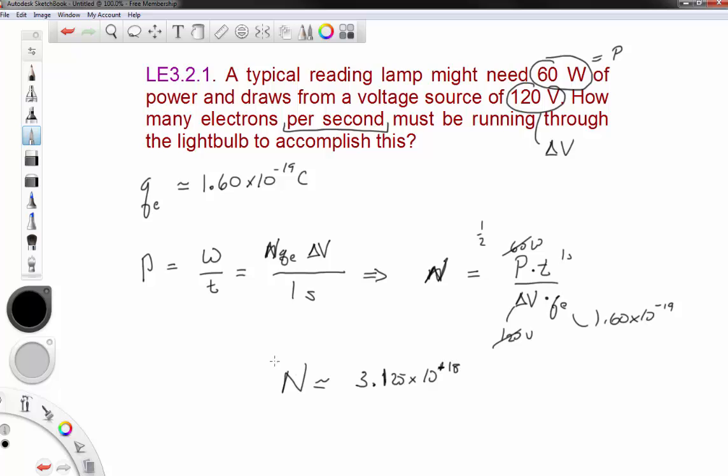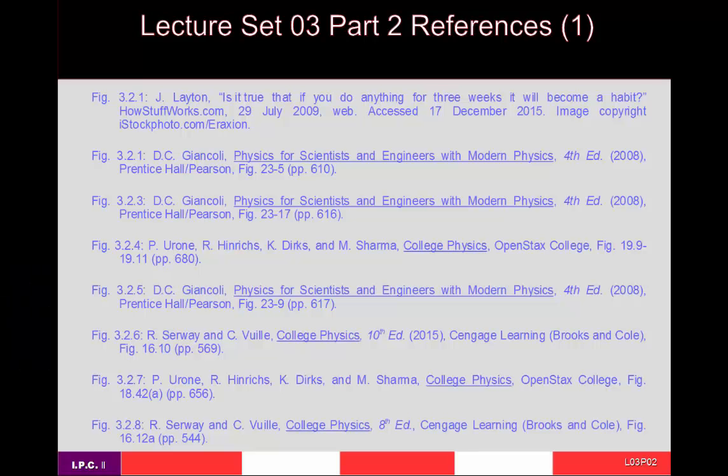So this is how many electrons should be flowing through our light bulb per second. So every second that you're running your light bulb, about 3 times 10 to the 18 electrons are moving through the little filament that causes the bulb to light up. Okay, so that's all I wanted to cover in this discussion of applications of electrostatics.